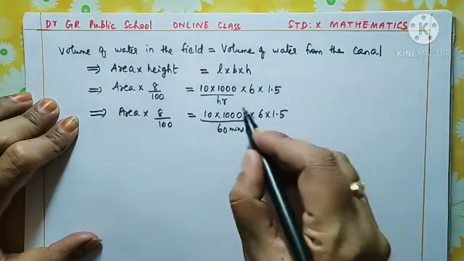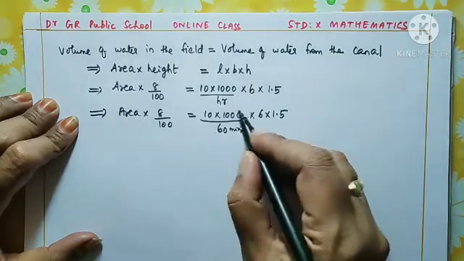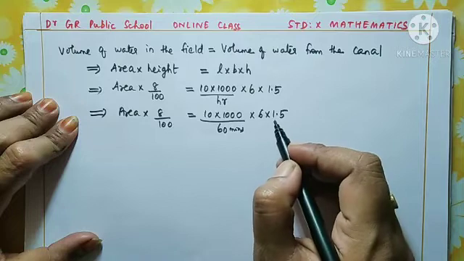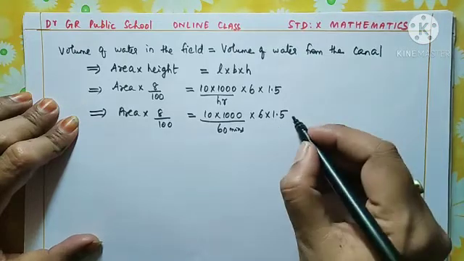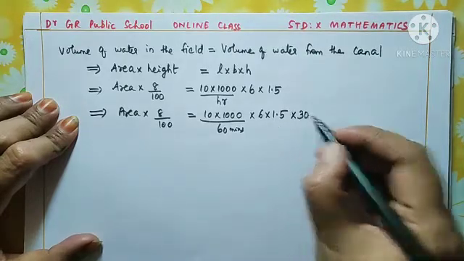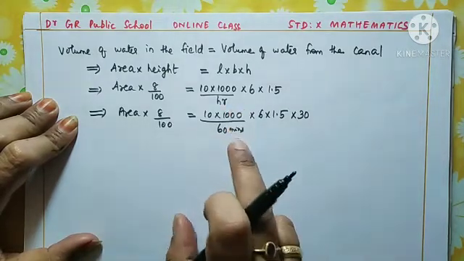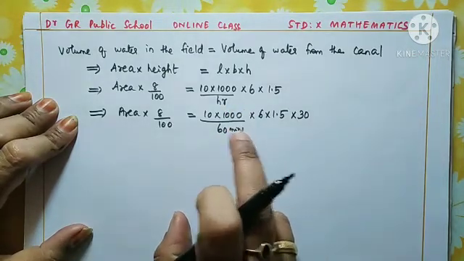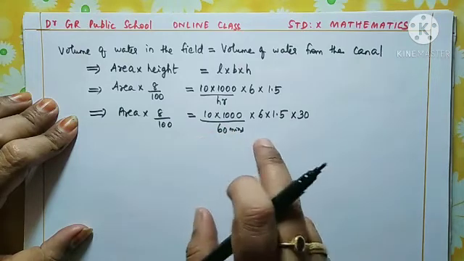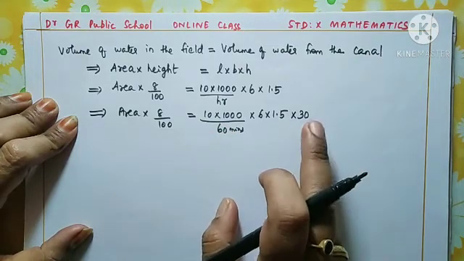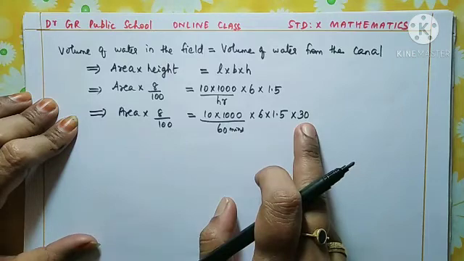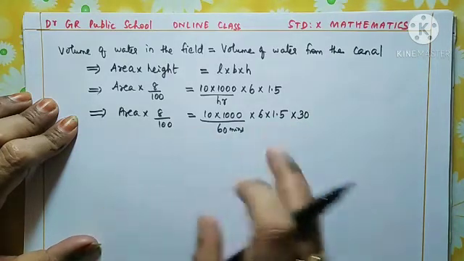Now this is for 1 hour, and we need to find for 30 minutes. So multiply by 30. Understand all of you? So I converted hour into minutes, and since we need to calculate for 30 minutes, multiply by 30.